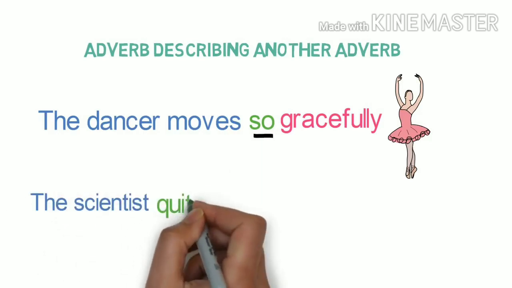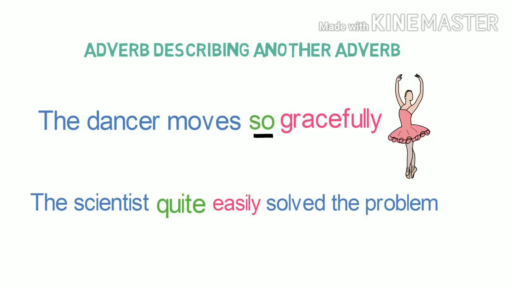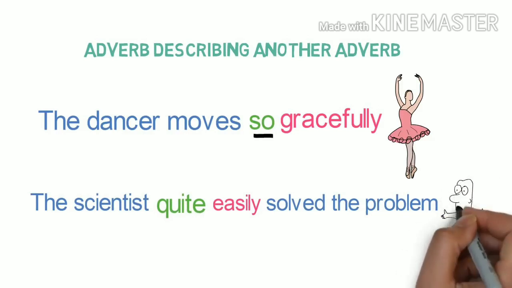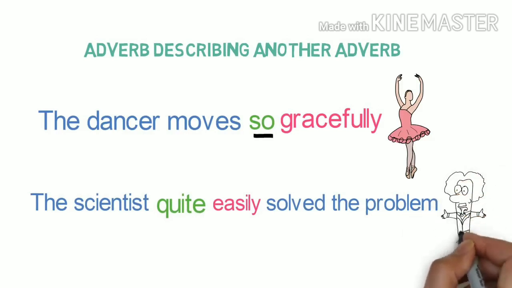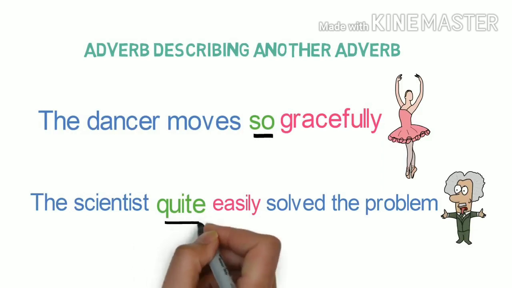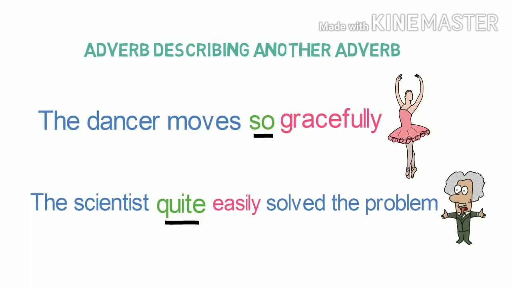The scientist quite easily solved the problem. Here easily is describing the action of solving the problem, so it is an adverb. But the word quite is used here to describe the adverb easily. So quite is an adverb here and is actually describing another adverb, easily.